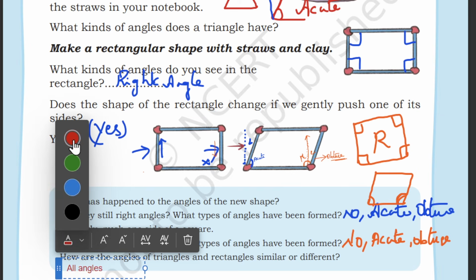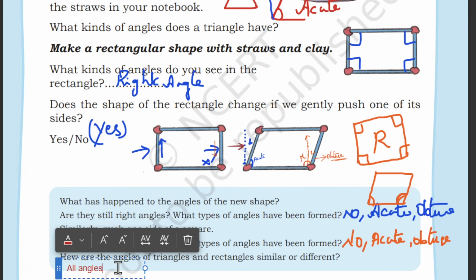So all angles of a rectangle are right angles, and for a triangle it can be right, acute or obtuse.